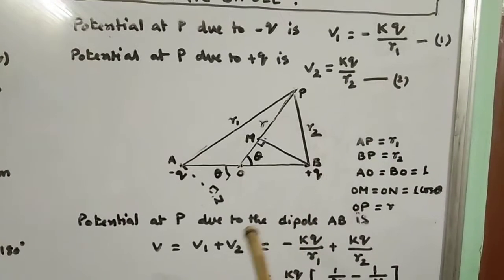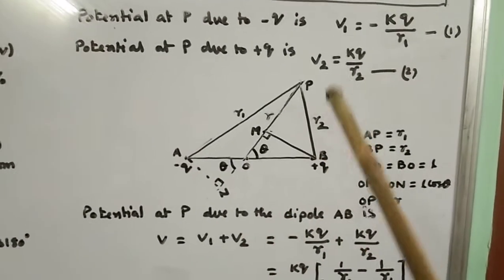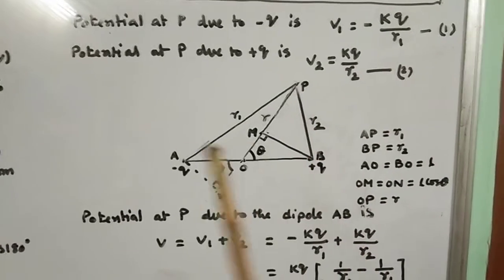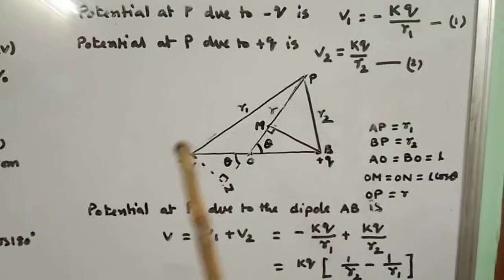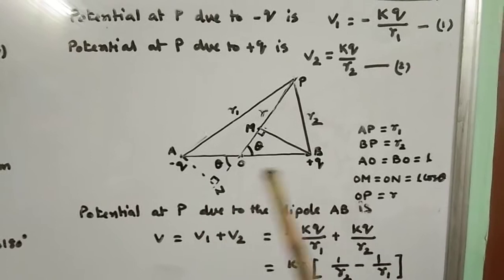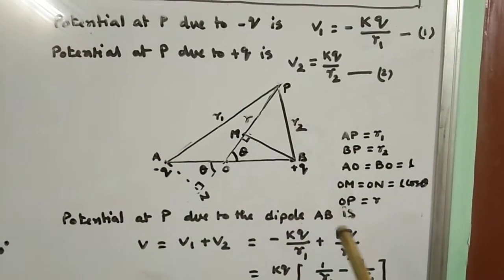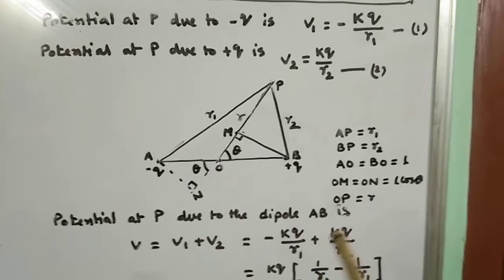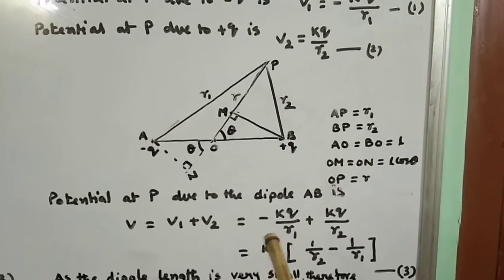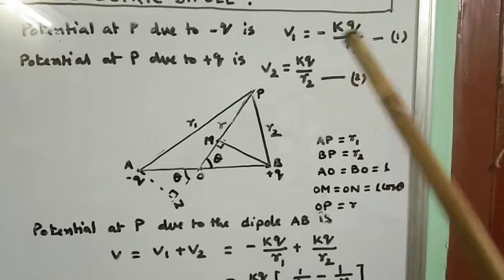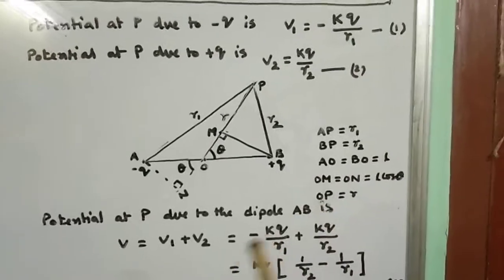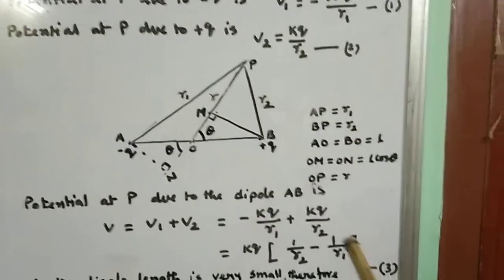Now we are going to apply the superposition principle to define the potential at P due to the system of charges. Here the system comprises two charges, one is plus Q, another one is minus Q. So potential at P due to this dipole AB is V equal to V1 plus V2. V1 we substitute as minus KQ by R1, plus V2 which is KQ by R2.